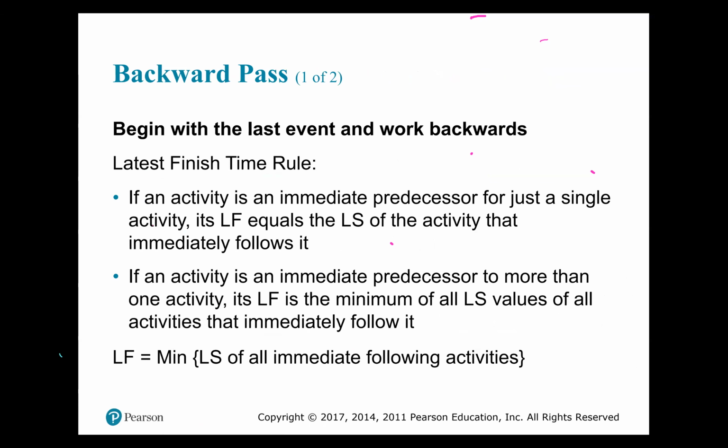To begin with the backward pass: on the forward pass, you can only do the early start and the early finish. But you notice there are 4 slots and we only completed 2. So we have to complete the bottom 2. The bottom 2 slots are where we would put our lates, the late start and the late finish.